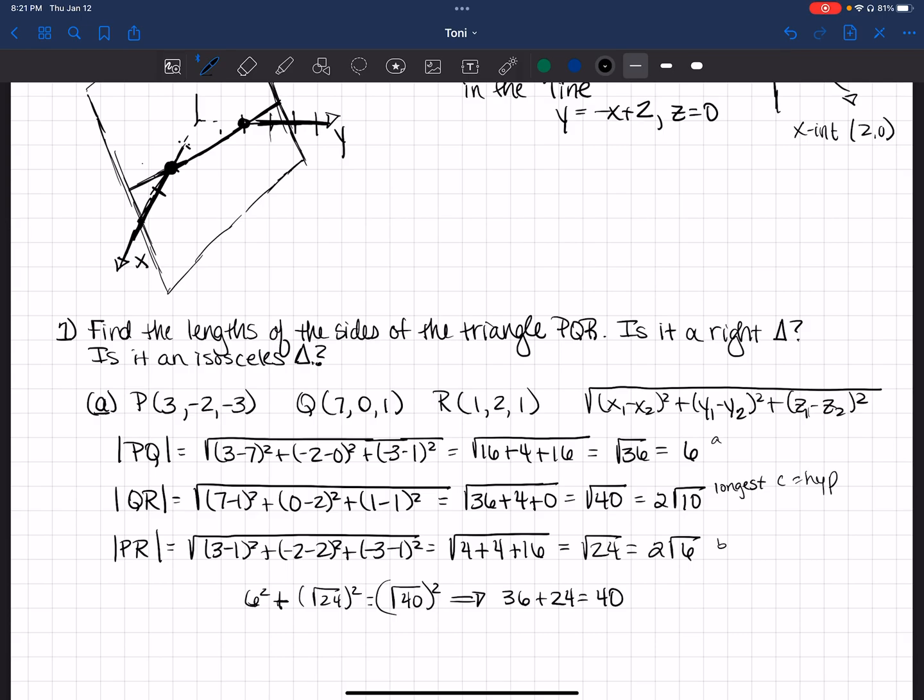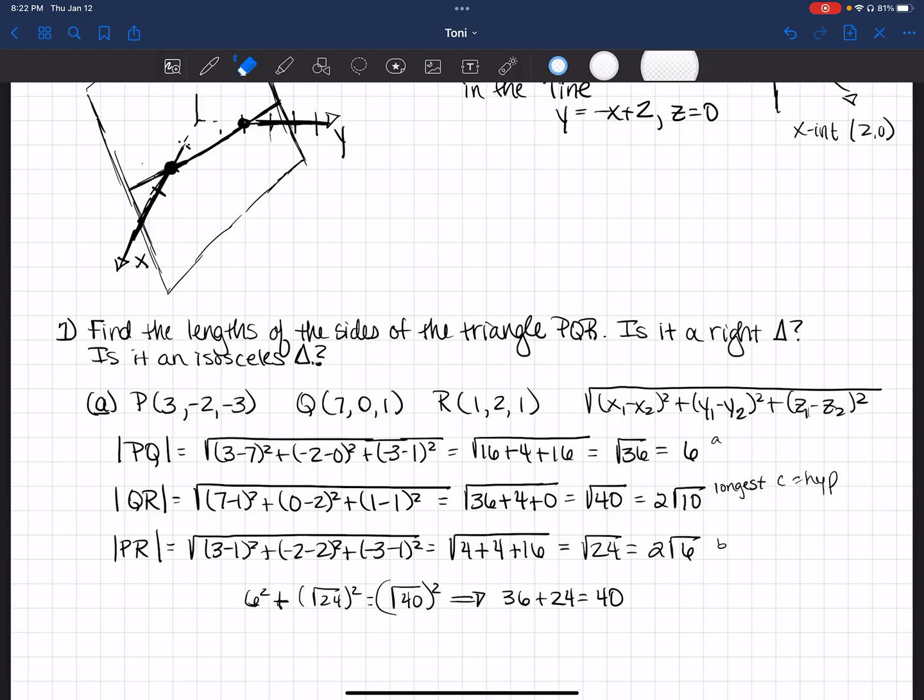Also, let's see, did I do that right? Did I write them down? Or have I just talked you to death and used the wrong numbers? That could be it, couldn't it? Let's see, this is number 7. And it says it should be an isosceles triangle. When I did RP, I did something wrong. I said 3 minus 1 squared. I said negative 2 minus 2 squared. And I said negative 3 minus 1 squared. That gave me 4 up.